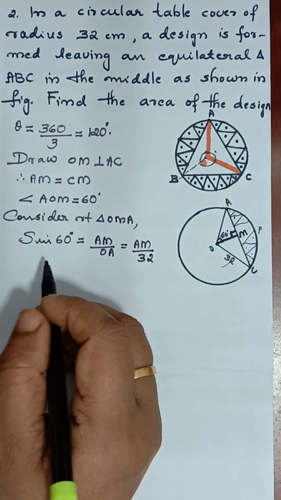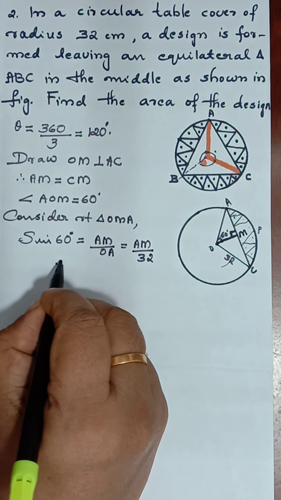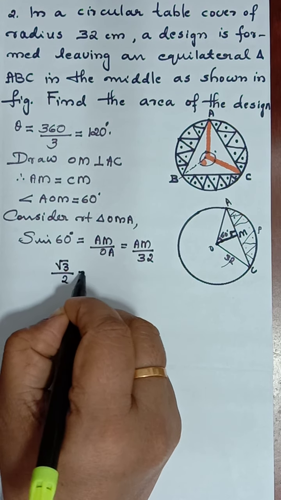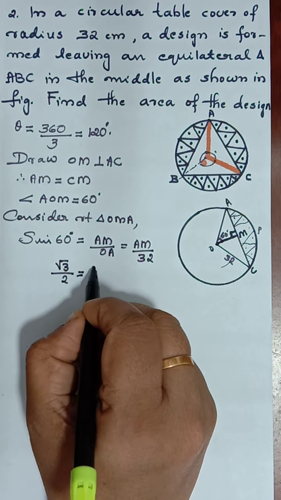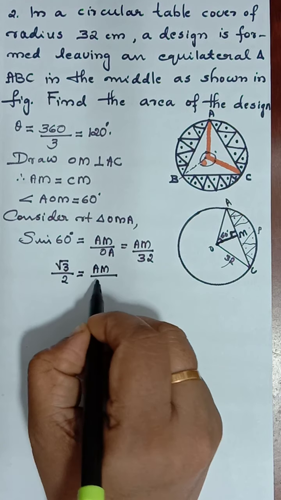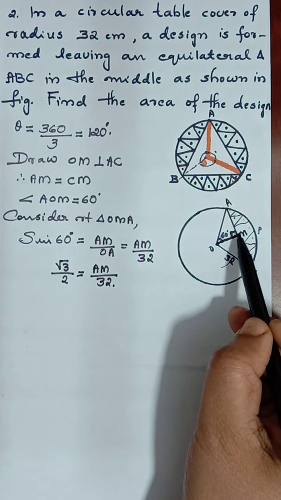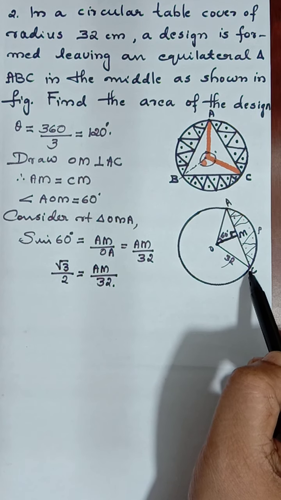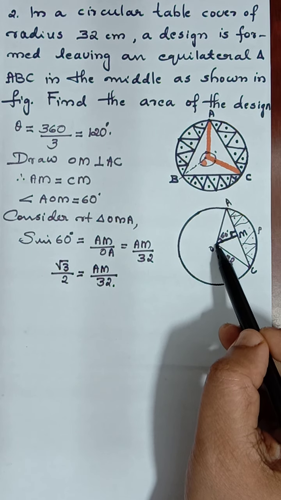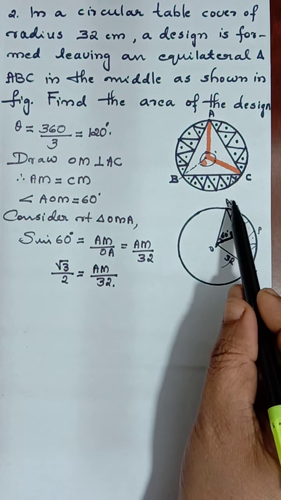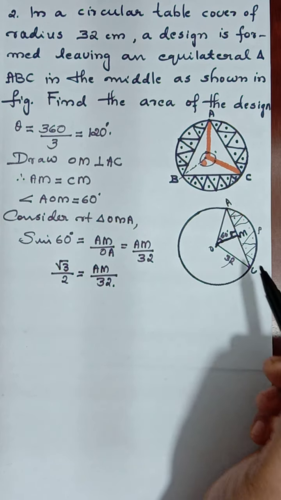What is the value of sine 60? Isn't it root 3 by 2? So here we have found out root 3 by 2 is equal to AM by 32. So we need AM. AM is half of AC because perpendicular drawn from the center to chord bisects the chord.